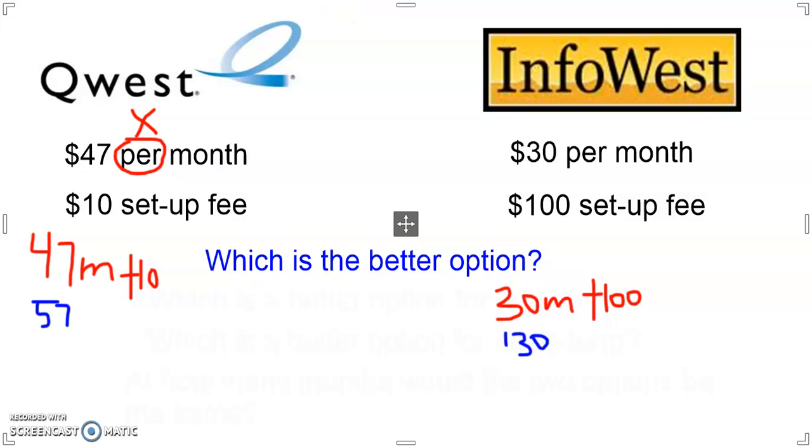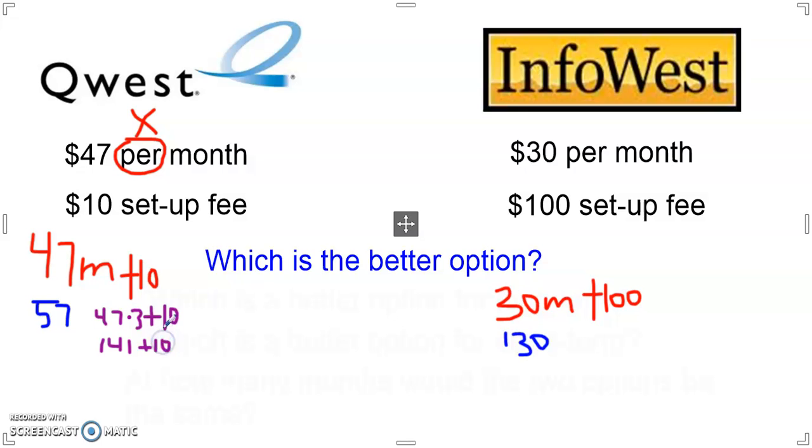If we're going to do it for 3 months, we've got to put a 3 in here. So we're going to go 47 times 3 and then add 10. So 47 times 3 is 141 plus 10.